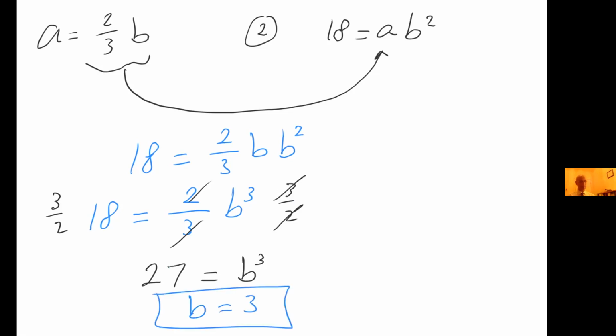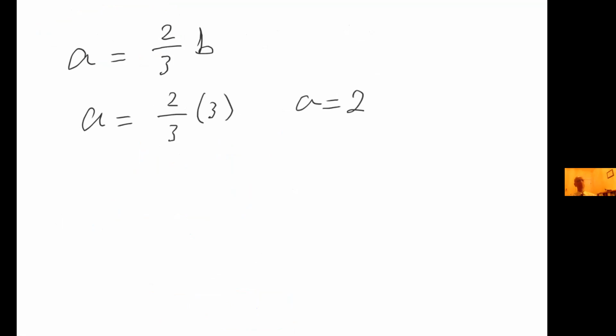So we learned that b equals 3, and a is 2/3 of b. So a equals 2/3 of 3, so a equals 2. Now, if a equals 2, I can write my exponential equation.